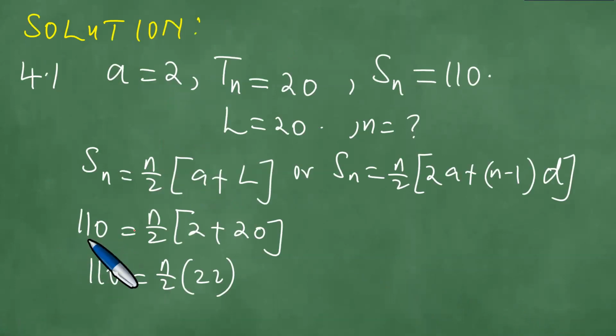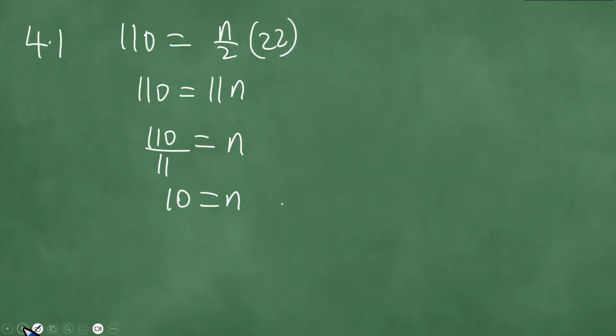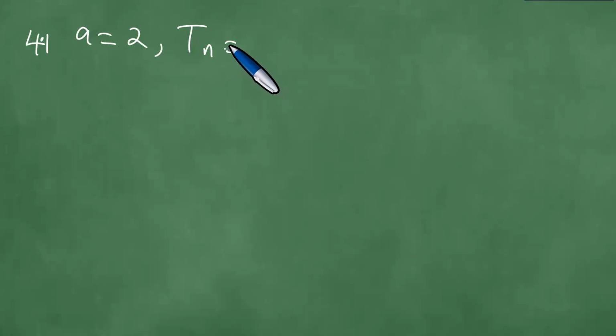Okay, look, this one can be done in many ways, so I'm going to explore another way to do this. It's still 4.1 we're dealing with. You see, they said the first term is 2, and the last term is 20, and the sum of all the terms is 110.